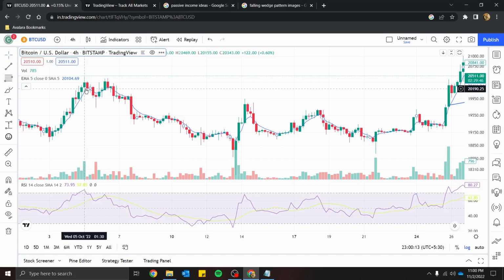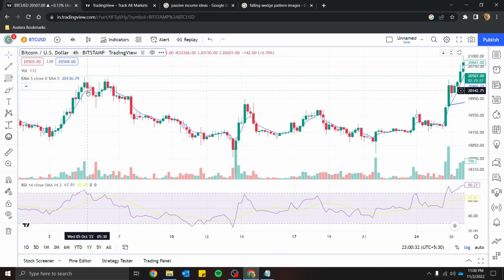As soon as we identify the first candle, we need to identify another candle which is just about to cross the first candle. This is the first candle which we identified that is not touching the 5 EMA, and this is the second candle.